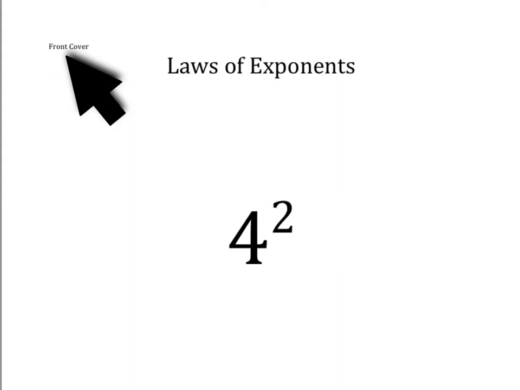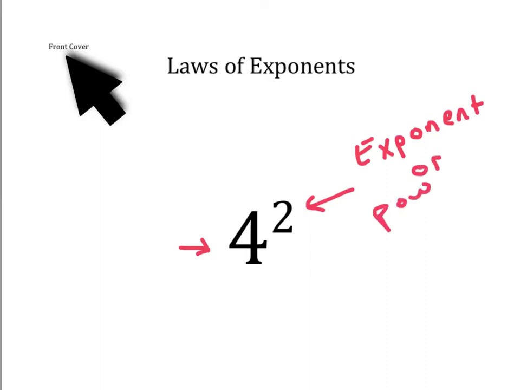It's very important that we understand the makeup of something that has an exponent. So we need to know the different names for the different parts. This and this are the two parts. We know that the 2 is going to be our exponent, or our power.